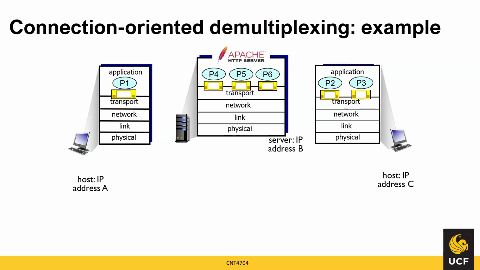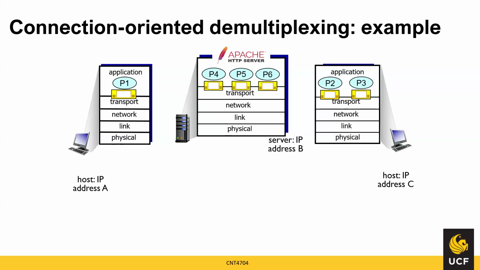So let's look at demultiplexing with TCP. We have the familiar 3-host setup. In the center, we have the Apache HTTP server, which is host B, exchanging messages over TCP. We have host A on the left, and host C on the right.